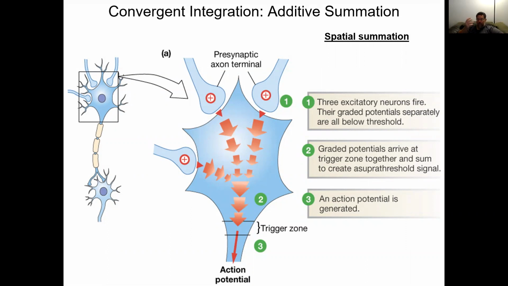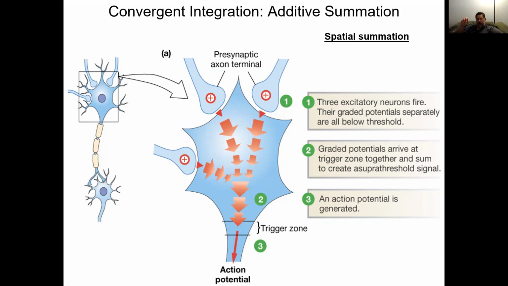However, maybe if only one was turned on, it wouldn't have been strong enough. It's hard to say because we don't really know what's happening in all these different presynaptic neurons. This one being closer has the most influence on the trigger zone because the diffusion will be the strongest there when it reaches the axon hillock. So again, these are a lot of hypothetical possibilities.